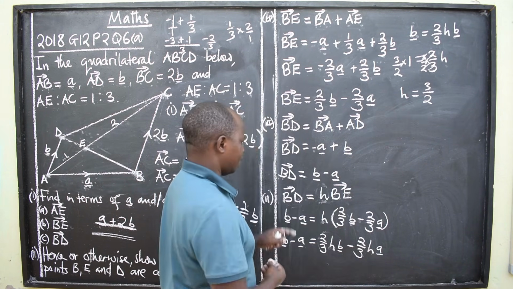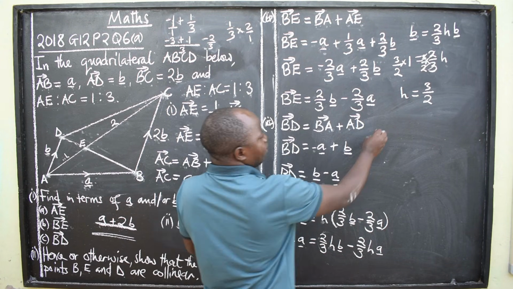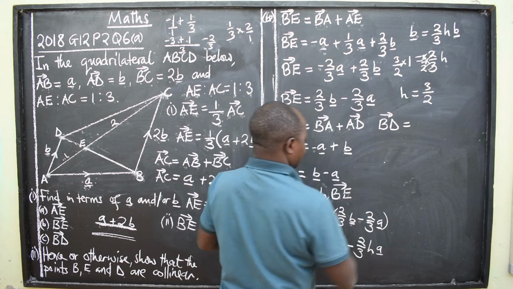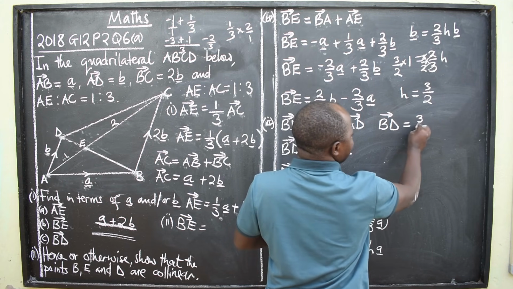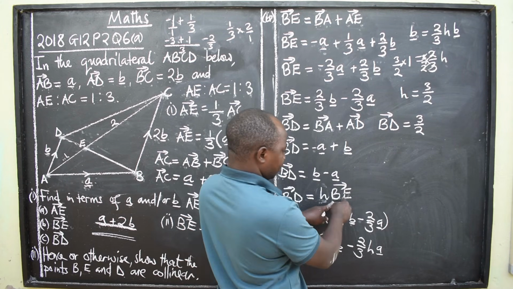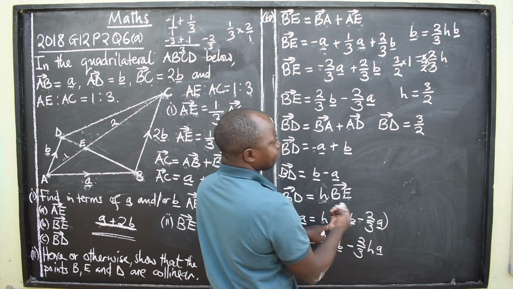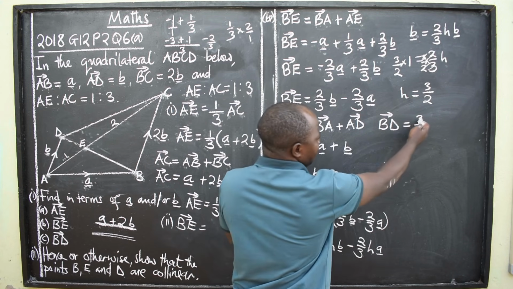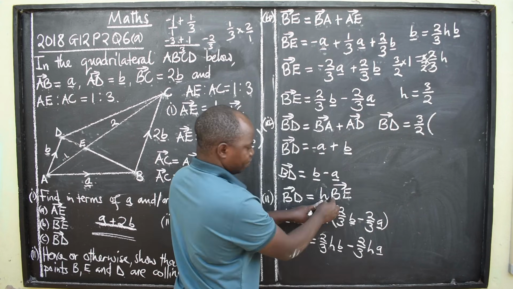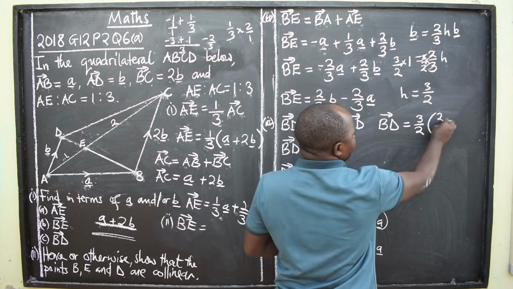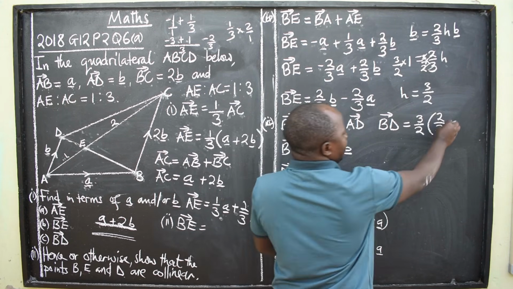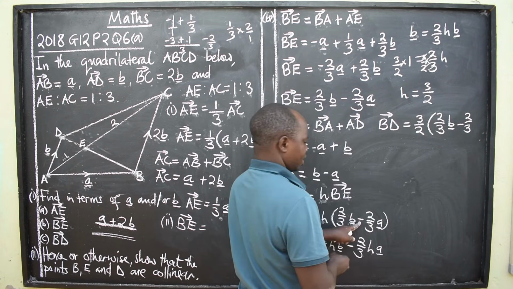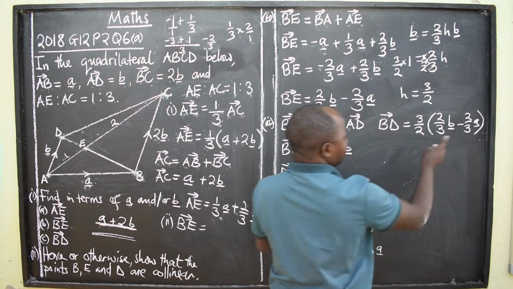I can safely substitute here, where I'll say BD is equal to H, that is 3 over 2, times BE, which is 2 over 3 B minus 2 over 3 A. I've substituted.